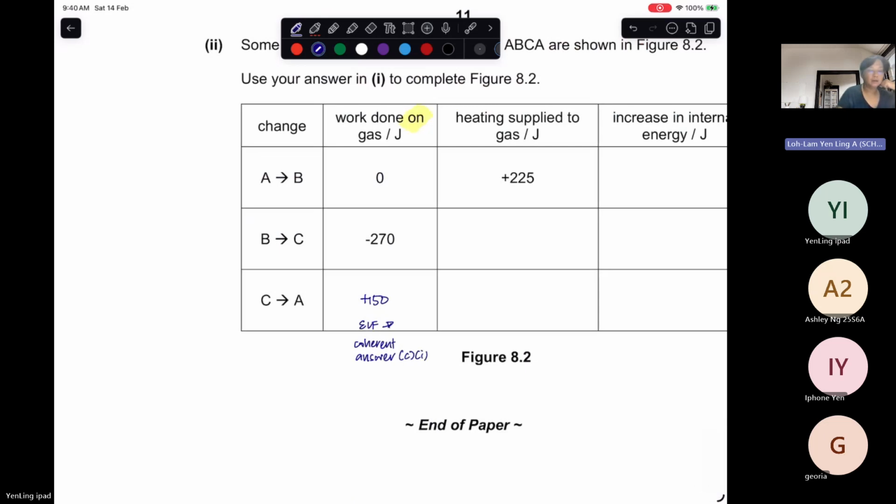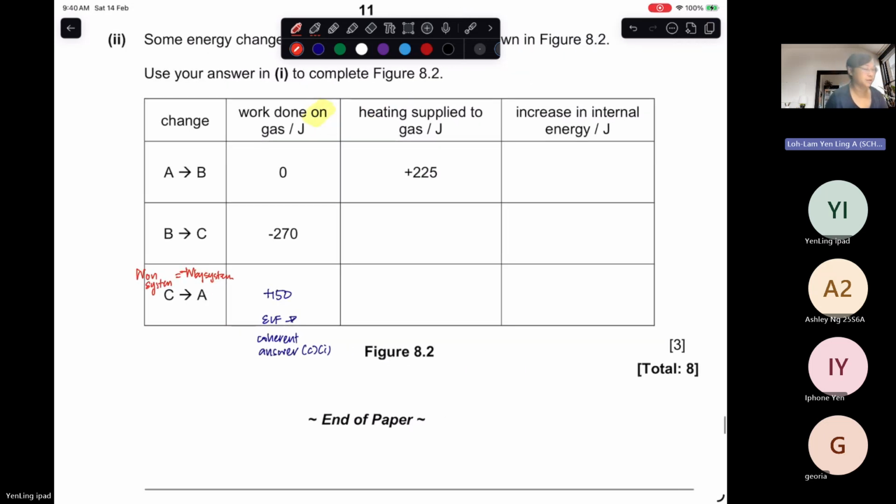Okay, C part 1. All right, so in this case, the key idea in terms of concept is work done by system is related to work done on system through a negative sign. Okay, so that's the first thing. So you transfer your value over and give it a positive sign.